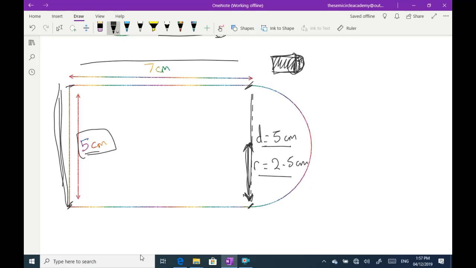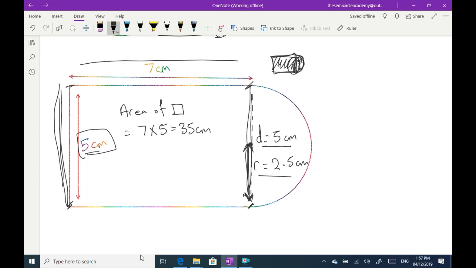The area of the rectangle is pretty simple. That is just one side times the other side, and that would be 35 centimeters squared. Now we have to find the area of the semicircle.